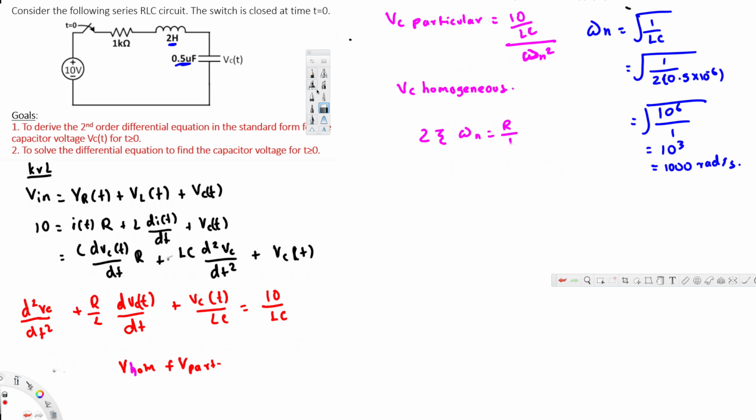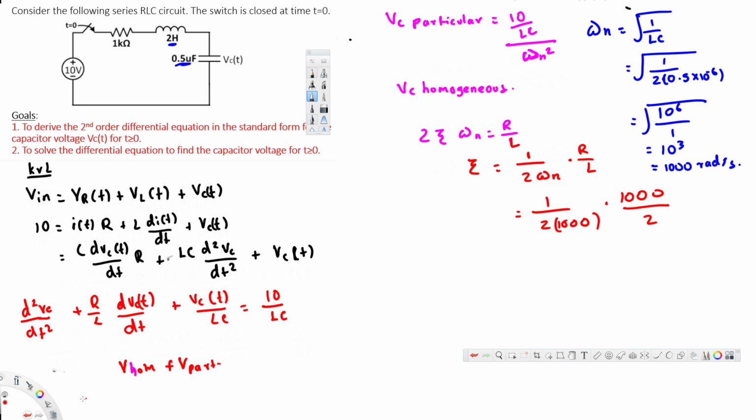And if we rearrange this equation, this is going to become zeta is equal to 1 over 2 omega n times R over L. So 1 over 2 times omega n is 1000. So 2 times 1000 times the resistance, that is 1000, divided by 2.